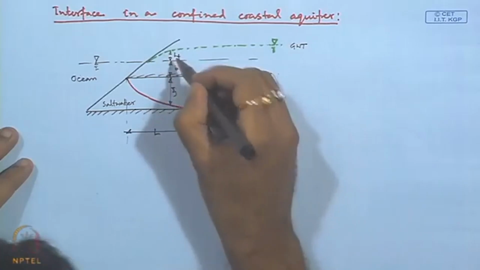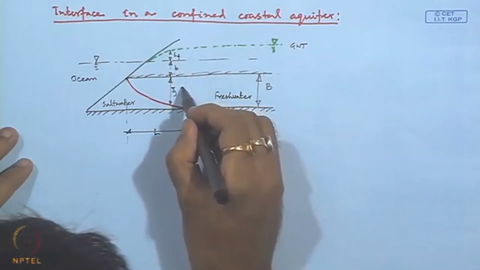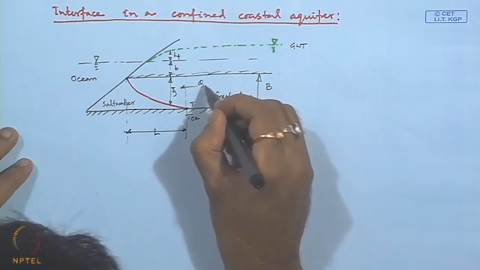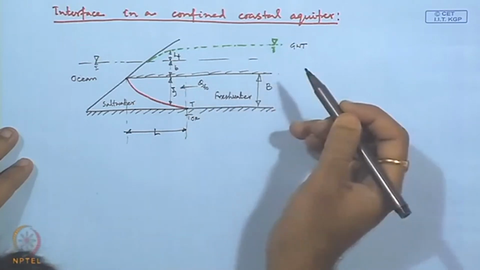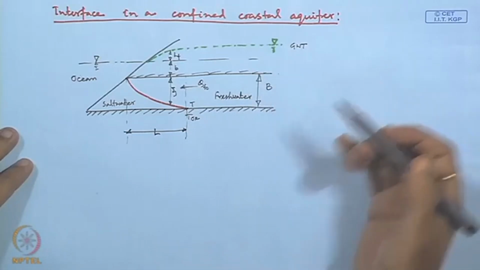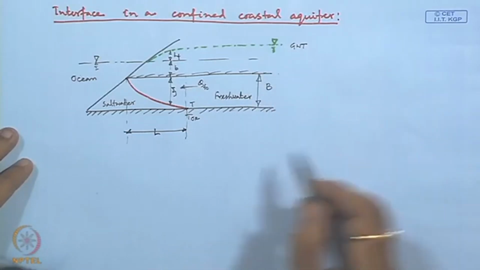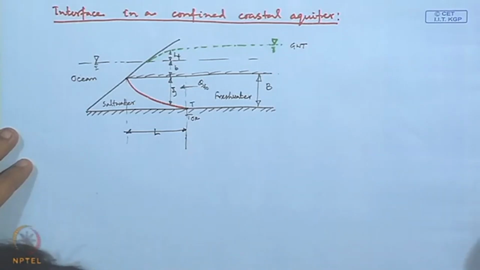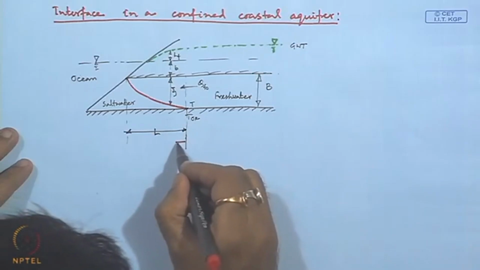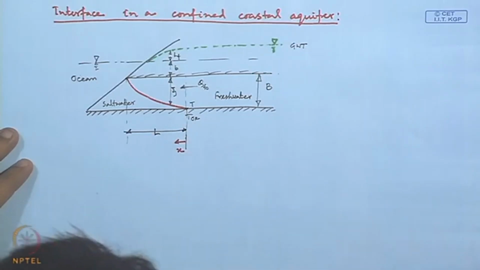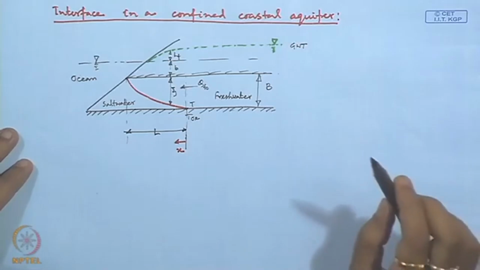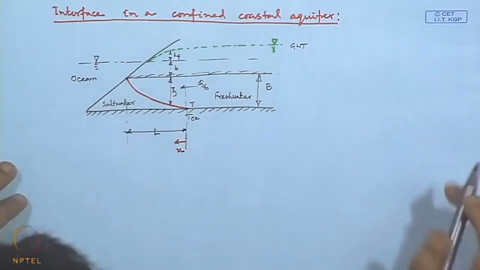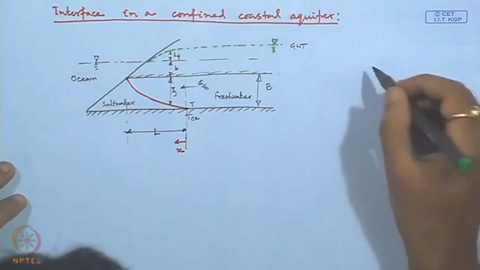With this configuration there is horizontal flow from the aquifer towards the sea, and our x axis starts from the toe location towards the sea. With these fundamental assumptions and configuration, we can start our derivation.